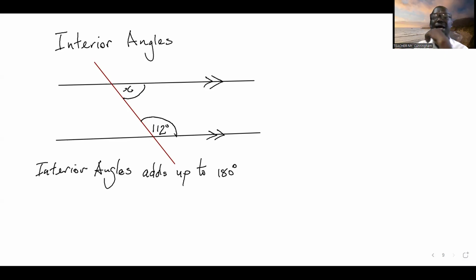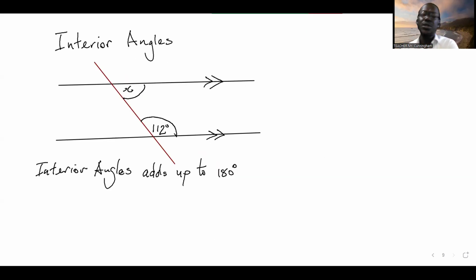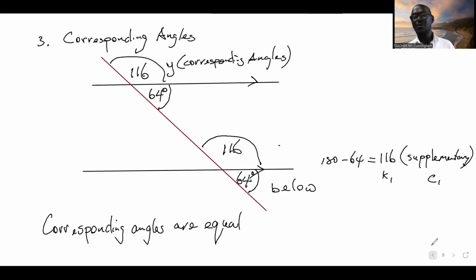All right, so let's go. Last one. Last rule. And before I do the last rule, let's recap. The answer to this one would have been 180 minus 112, which was 68 degrees. So this is interior angles and it looks like a C. Corresponding angles look like an F. They are equal.